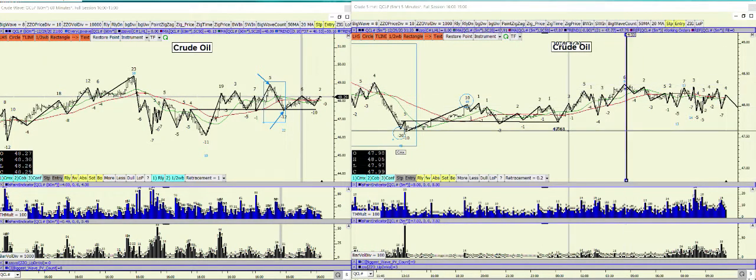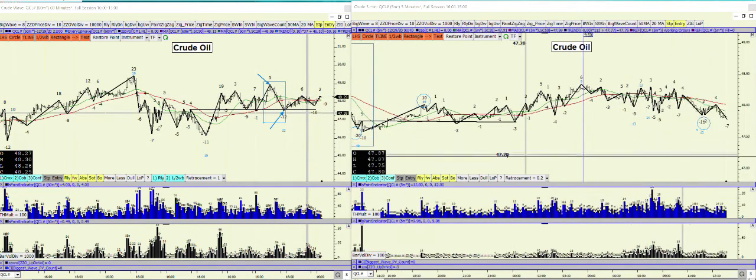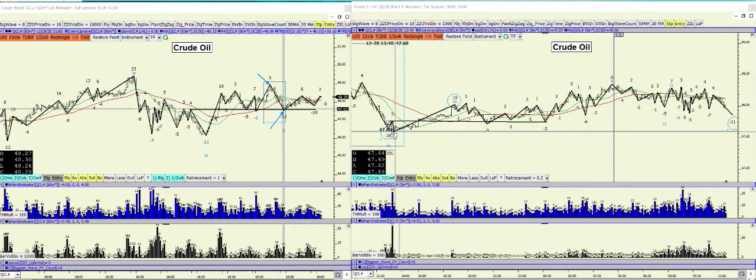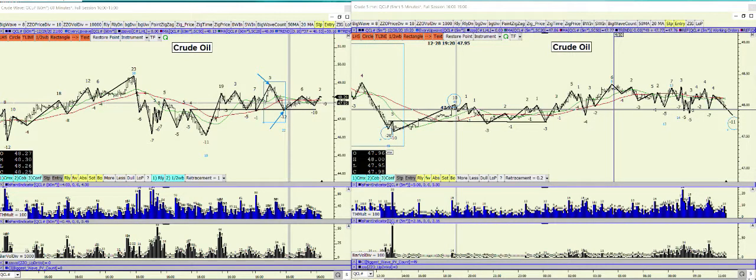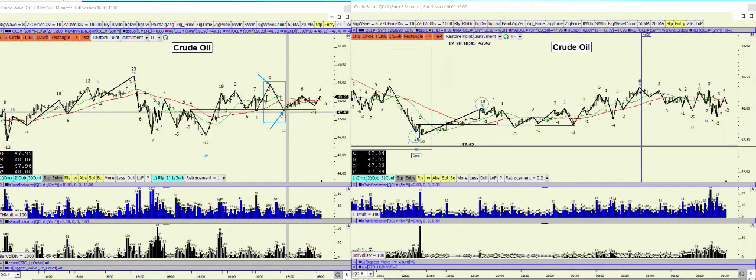So it's time to get out. And that is a study of a turning point on the 5-minute against a support level on the hourly for the crude market. This was a very obvious trade.